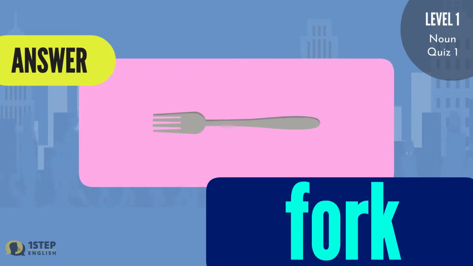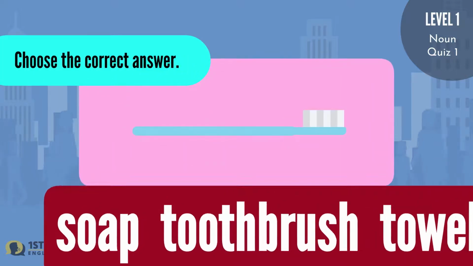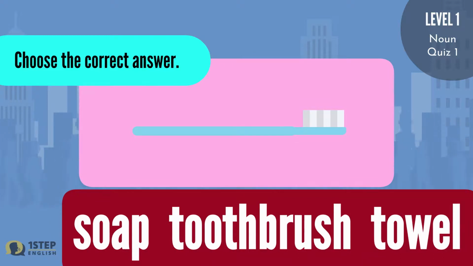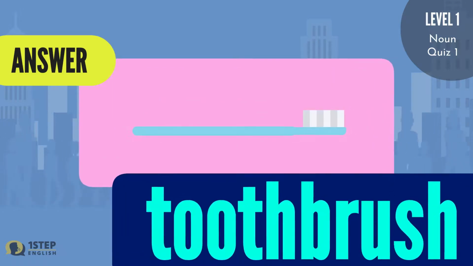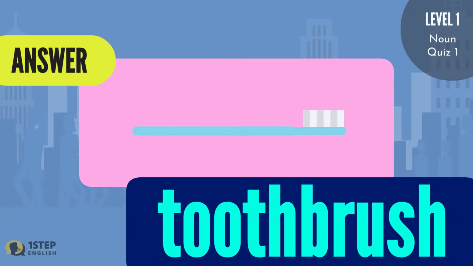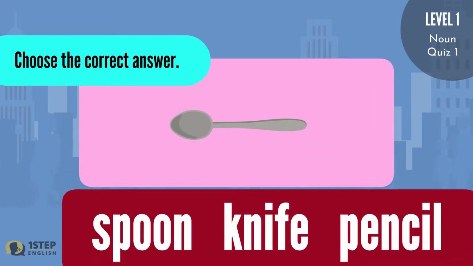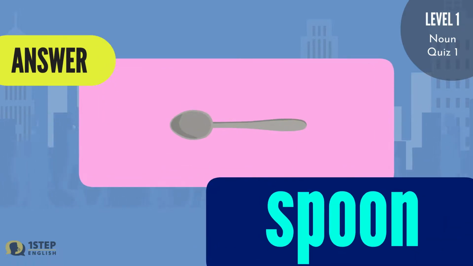The correct answer is fork. What is this? The correct answer is toothbrush. What is this? The correct answer is spoon.